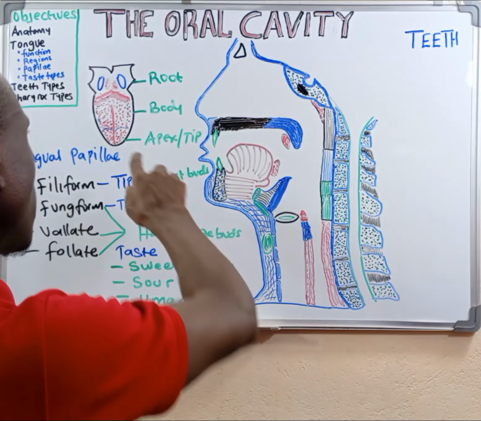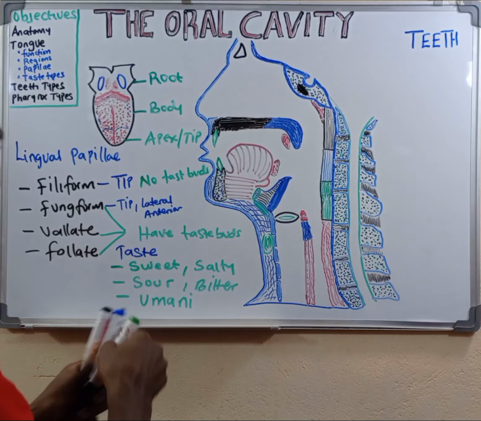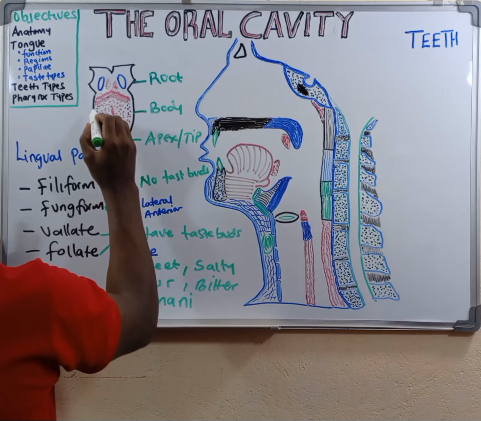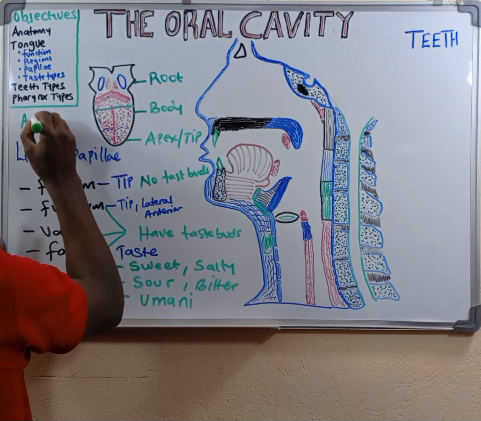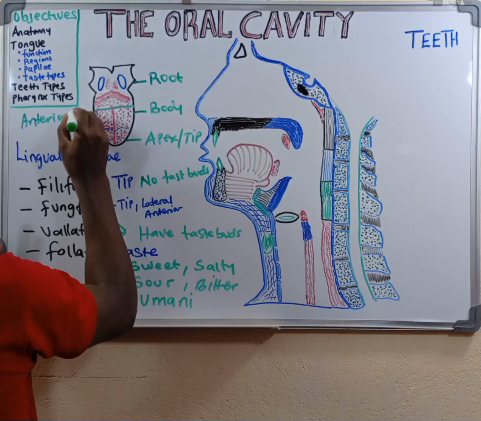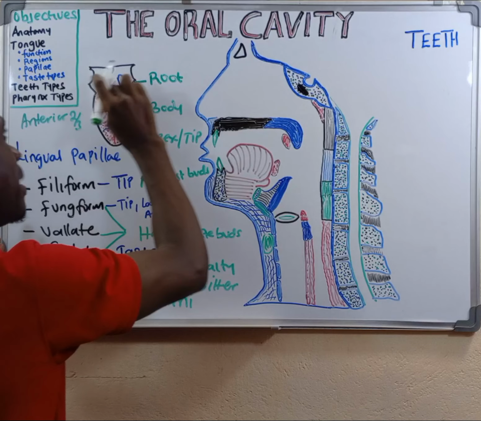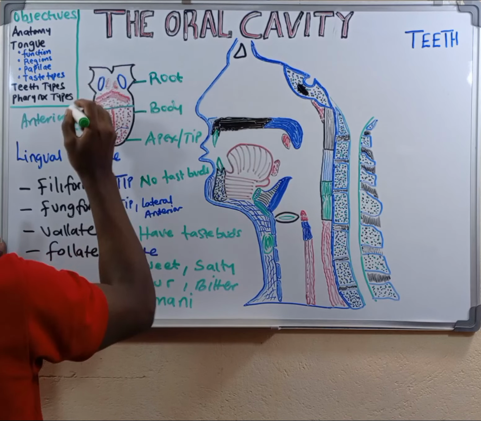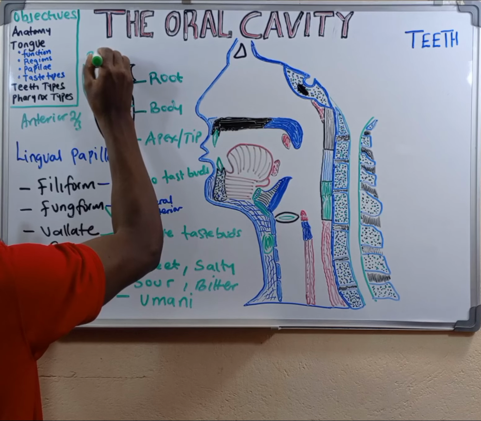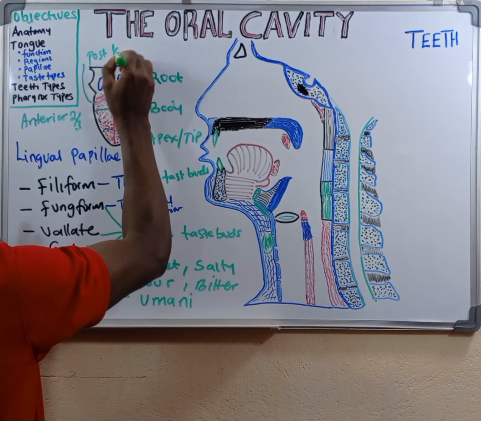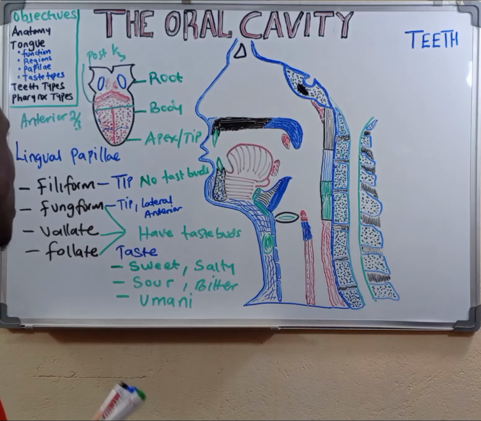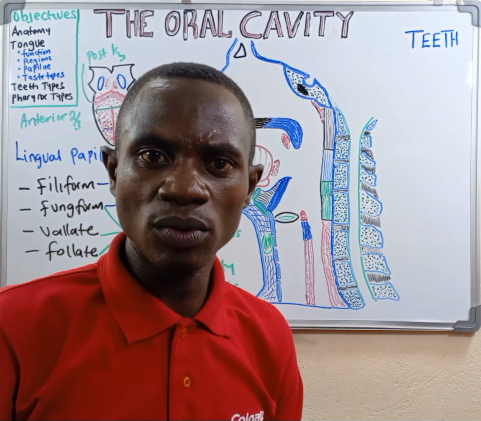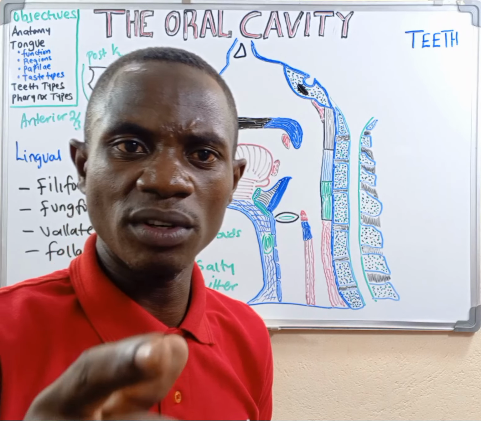And of course at the back of your mind, the tongue has the anterior two thirds, and at the back we have the posterior third. The taste sensation picked on the anterior two thirds of the tongue is carried by cranial nerve number 7, the facial nerve.